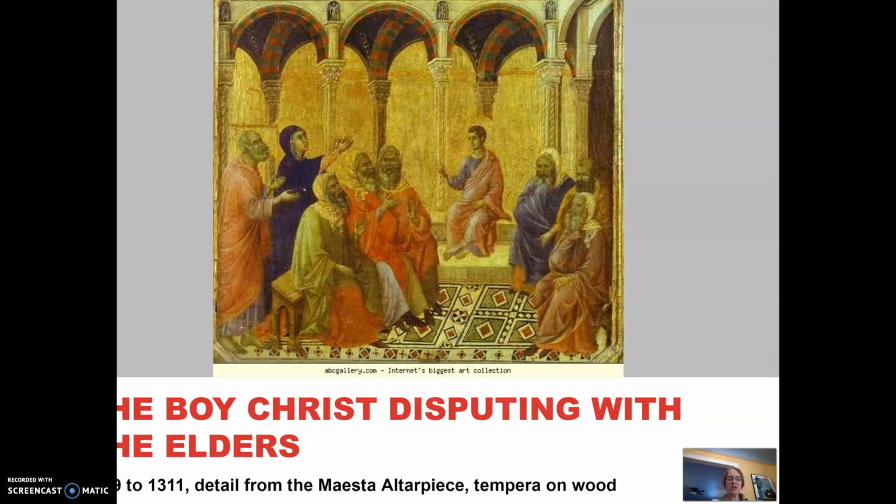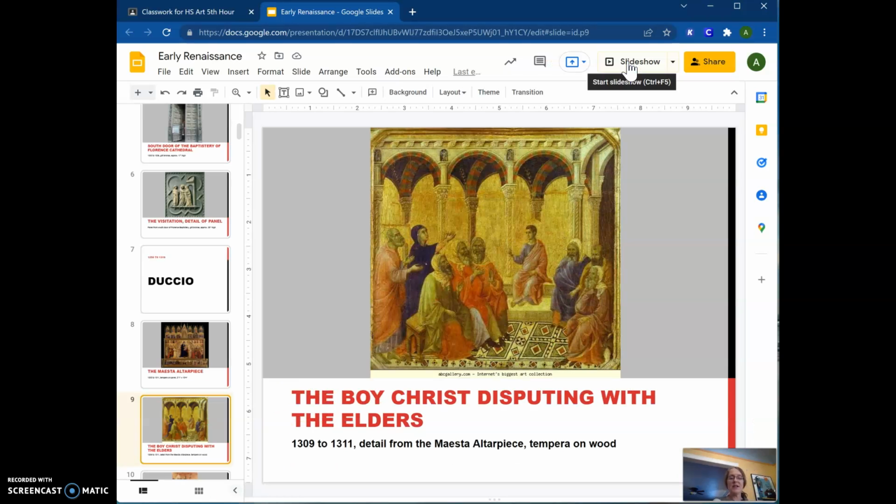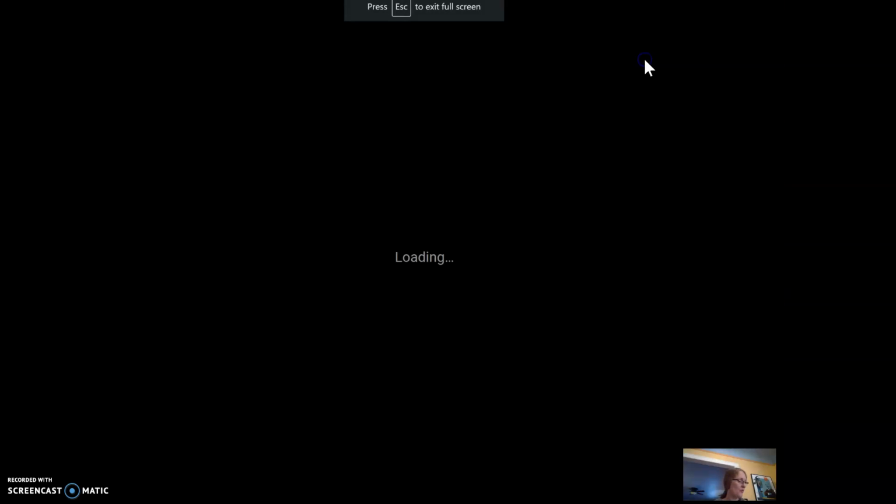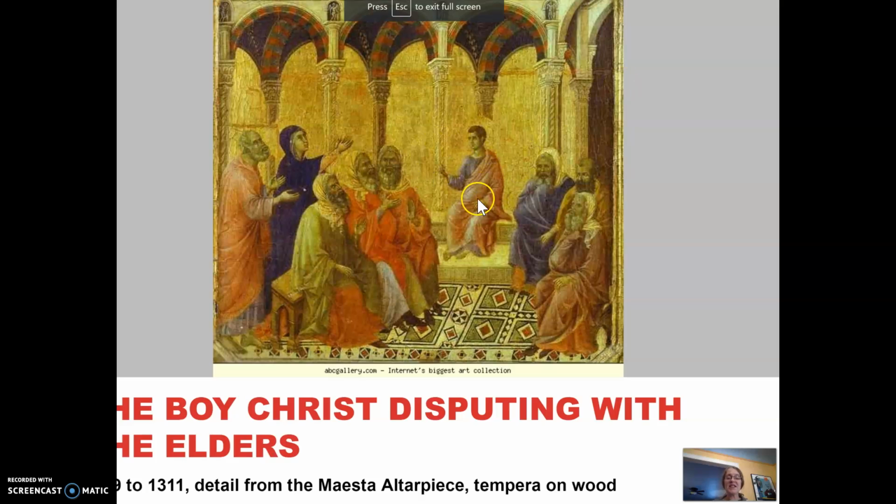So in this next image, you'll see a detail of the boy Christ disputing the elders. Here's a full image. Let me make this a little larger for you. This is Jesus. Okay, this is an example of when your parents go on a trip out of town or out of state.